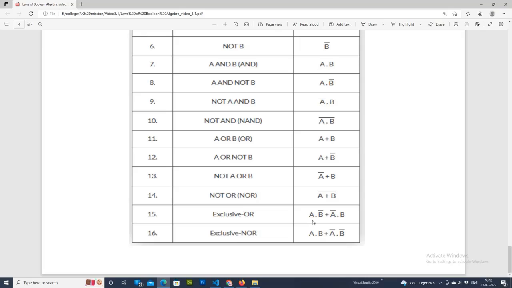Exclusive NOR is a complex Boolean expression we express as the opposites of two inputs, like A bar and B bar, and their summation, like A dot B bar or A bar dot B. Exclusive NOR is the opposite: A and B, or not A and not B.